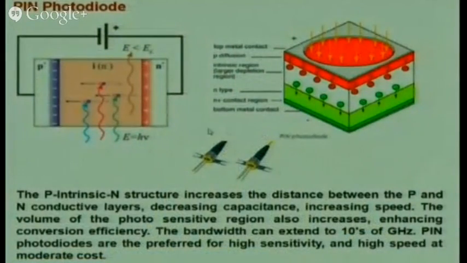Now, as I said, in a PN junction you have a depletion region which is very small, and the photons are to be absorbed in the depletion region itself. So what I look for is that my depletion region should be much wider.